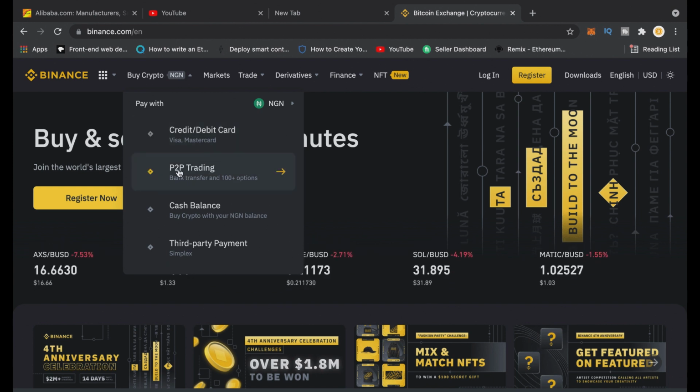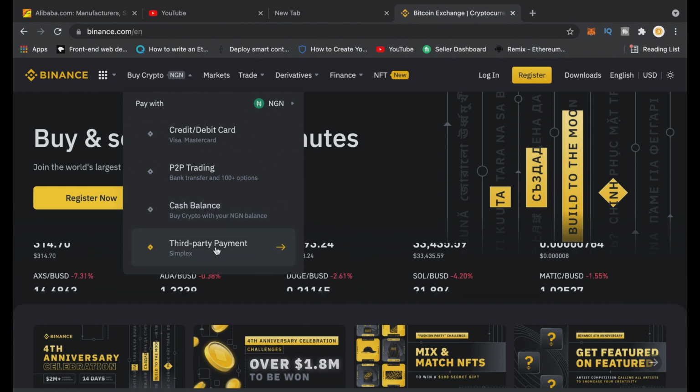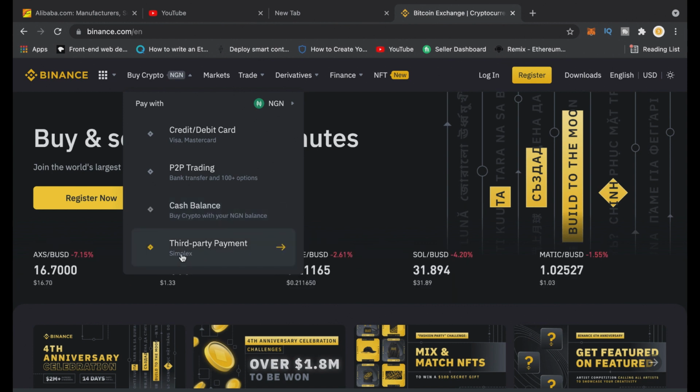You can do P2P trading, which is you're buying from another person, so you're sending money to someone, and the person is releasing crypto for you. And then cash balance, you can fund cash through your bank to this site and then buy. Then third party payment, Simplex is one of the best third party payments for cryptocurrency. So it's actually legit, and you can buy crypto from there as well.